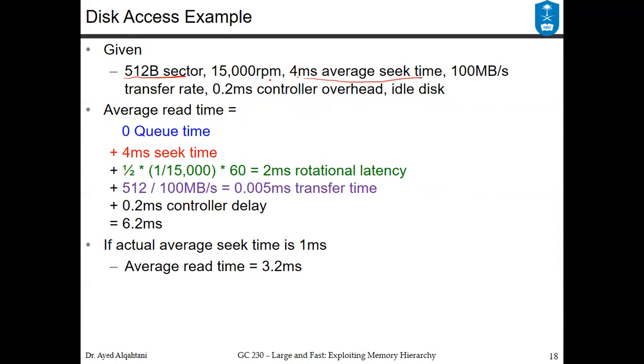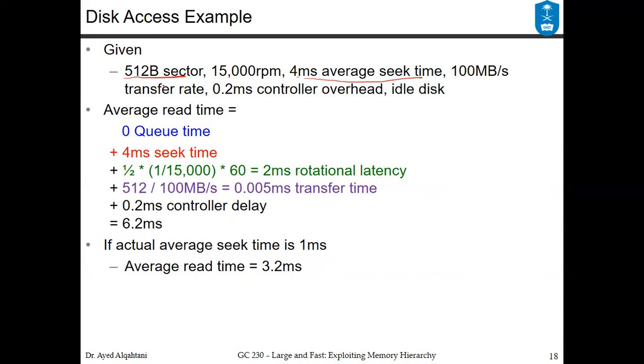And in the worst case, you need half a cycle to move the sector to the head. So it's half times 1 over 15,000. And this will give you the result in minutes, so you have to multiply it by 60 to convert it into seconds. And the result here is 2 millisecond rotational latency.